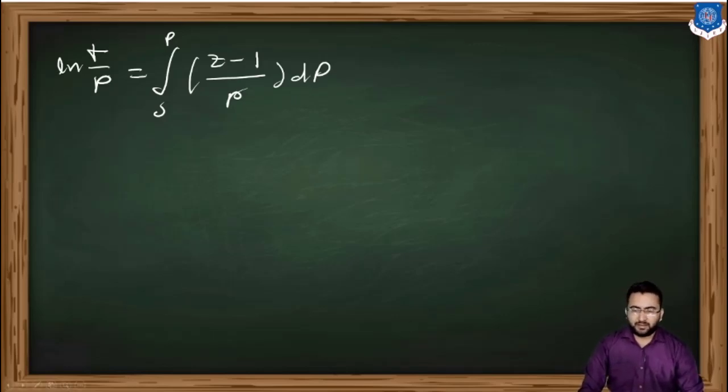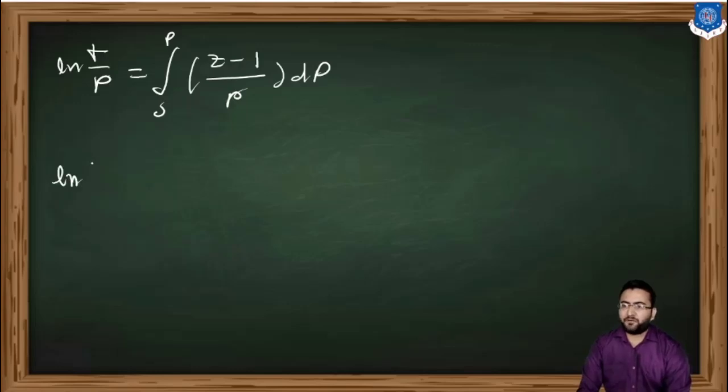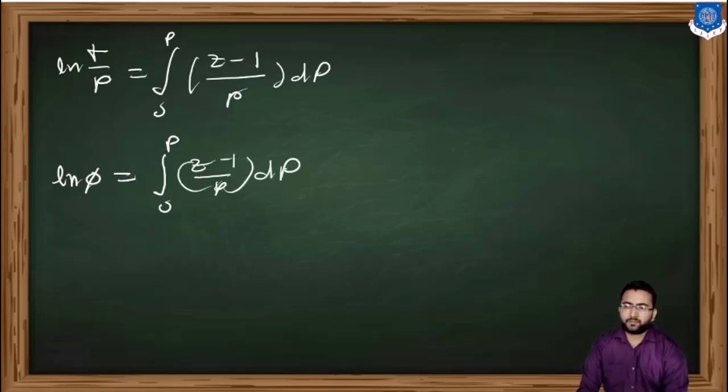This equation is used to find out the fugacity and fugacity coefficient. We know that fugacity coefficient can be represented by f upon P. So we can write that ln phi is equal to integration from 0 to P of Z minus 1 upon P into dP.